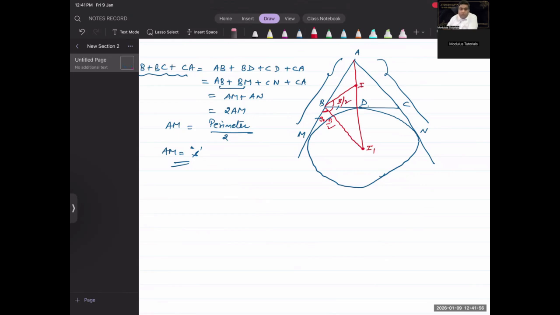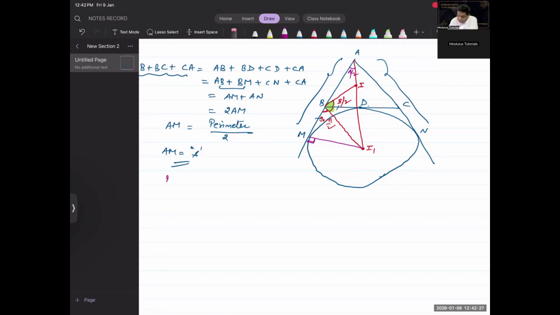Got it, guys? One thing we need to understand is that this angle will be 90 degrees. We already understand that internal angle bisector and external angle bisector are always perpendicular. But still I have established that this green shaded region is actually a 90-degree angle. There is absolutely no problem. And I can also draw this perpendicular. This is A by 2.